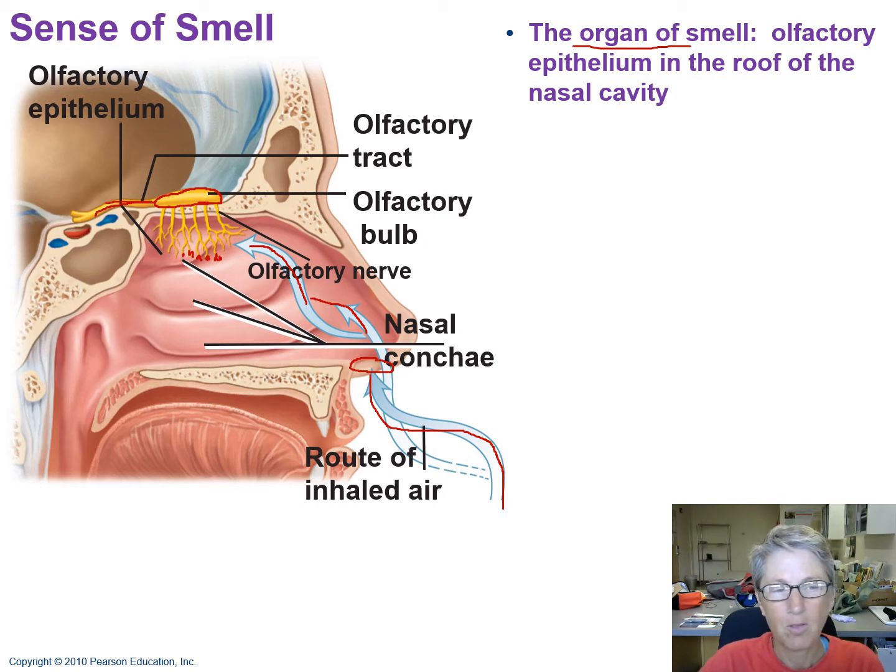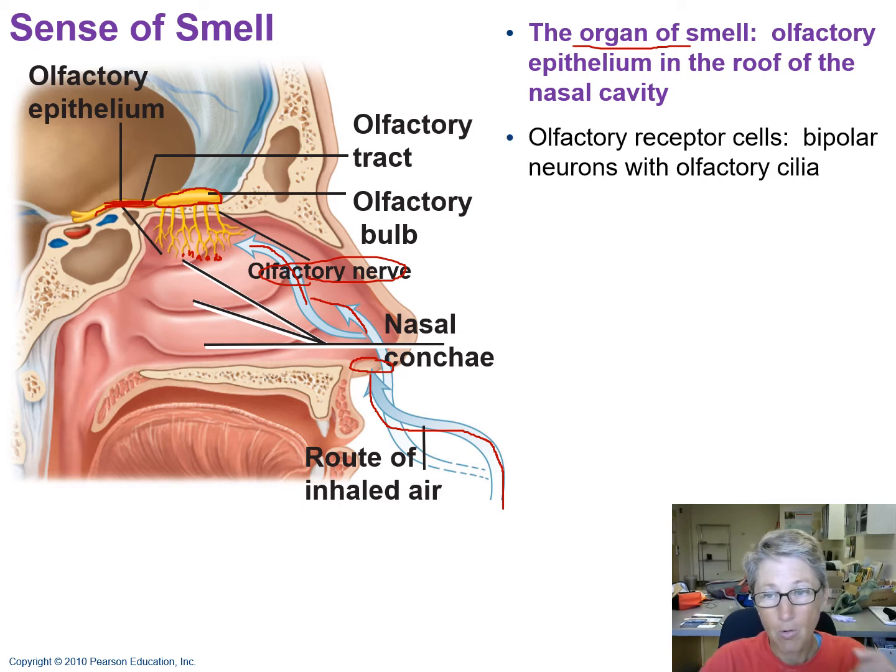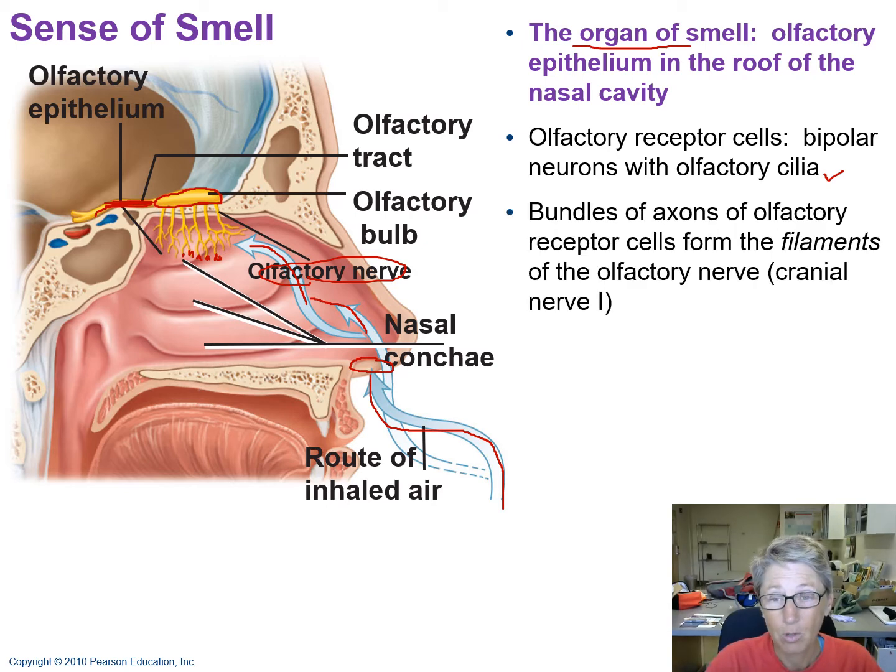The axons traveling in the olfactory nerve were outside the central nervous system, in the peripheral nervous system, so those axons traveling together are called a nerve. The olfactory receptor cells are bipolar neurons with olfactory cilia. So we'll look at those on the next slide.